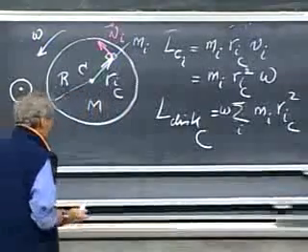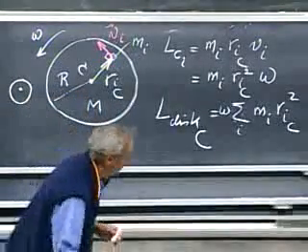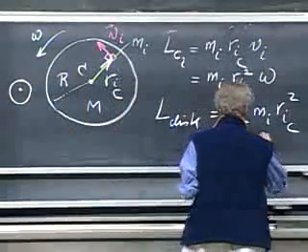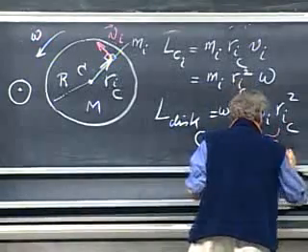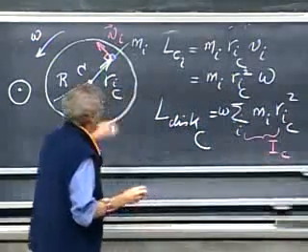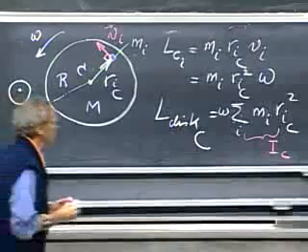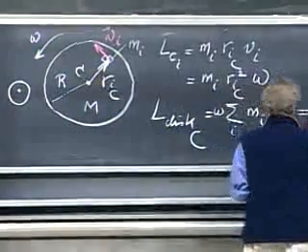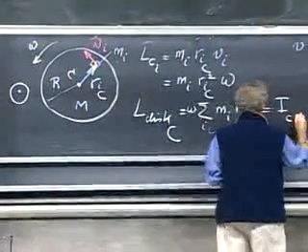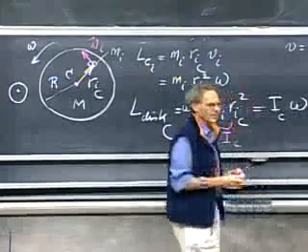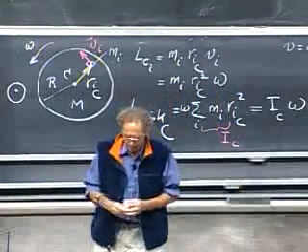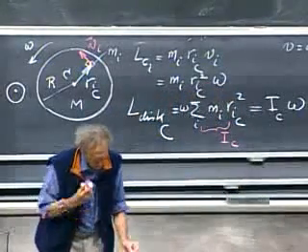And you see immediately, I hope that you see immediately, that this is the moment of inertia for a spin around the center of mass through that point C. And so I can write for this I of C times omega. So this is the magnitude.